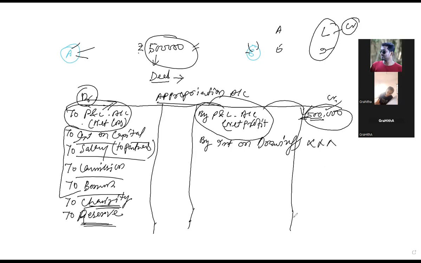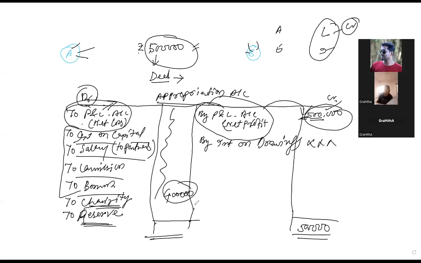Now, having written this, we do the tally. For example, I have written 5 lakh rupees here and all the totals coming here are 4 lakh rupees. After this, 1 lakh rupees is pending.